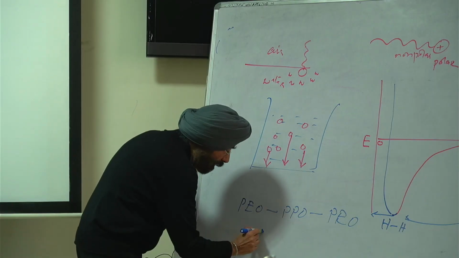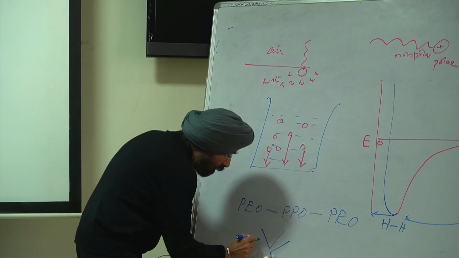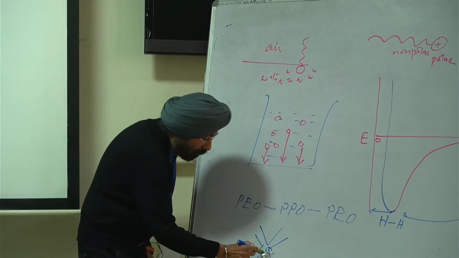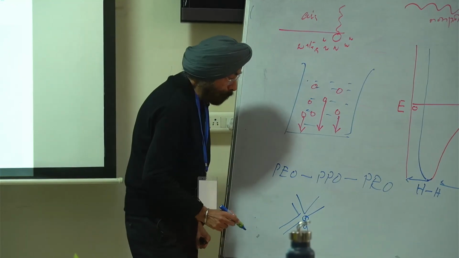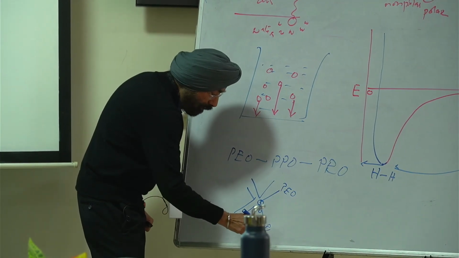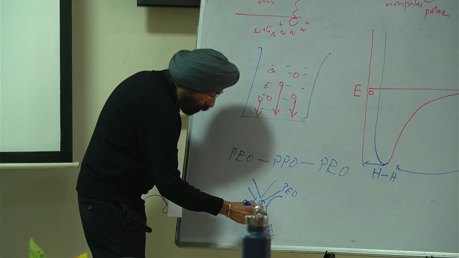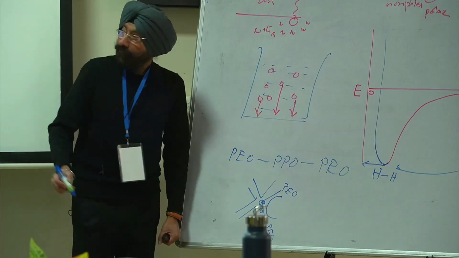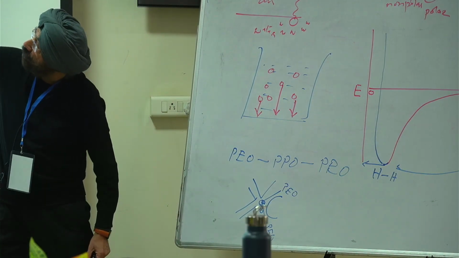It aggregates in the form of this structure, right? This part is the PPO, polypropylene oxide. This side is PEO and PEO. You see a cavity formation, and this cavity in fact triggers a reduction reaction.